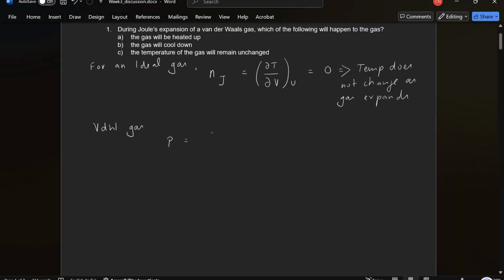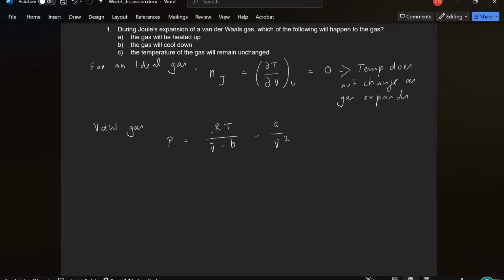Can you tell me the van der Waals equation of state? Okay, so it is RT by V bar minus b, minus a by V bar squared, right?